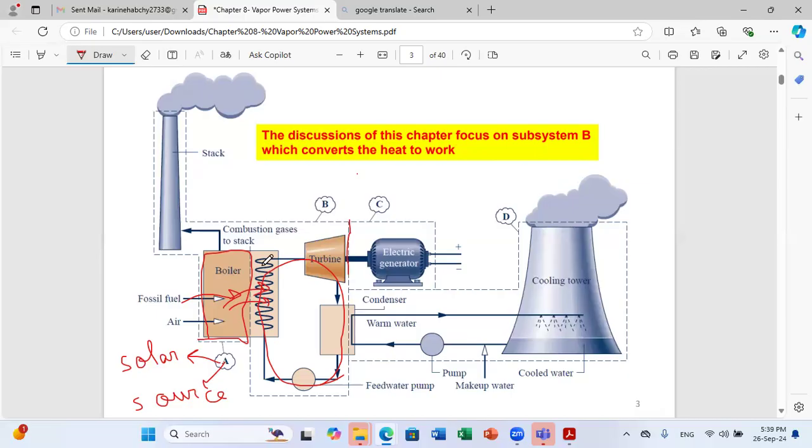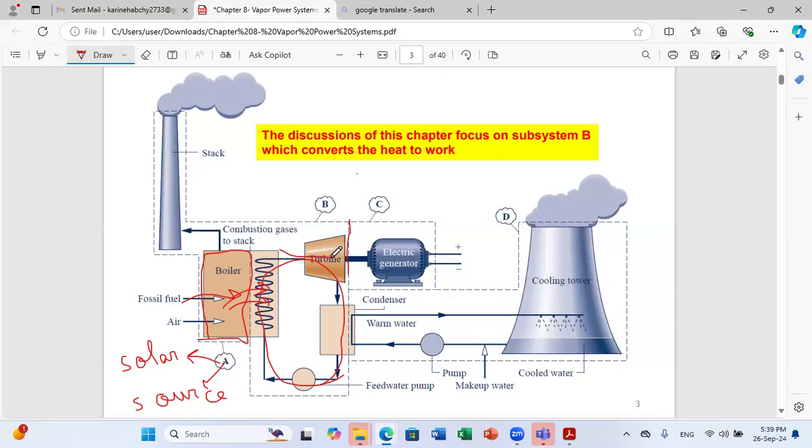As we have learned in the first two chapters, we have a lot of forms of energy, and we rely on conversion of energy from one form to the other to produce what we desire. So here, let's say we need to produce electricity. This fluid, after being heated and storing a high amount of thermal energy, will go through the turbine, and in this turbine, it will deliver a high work.